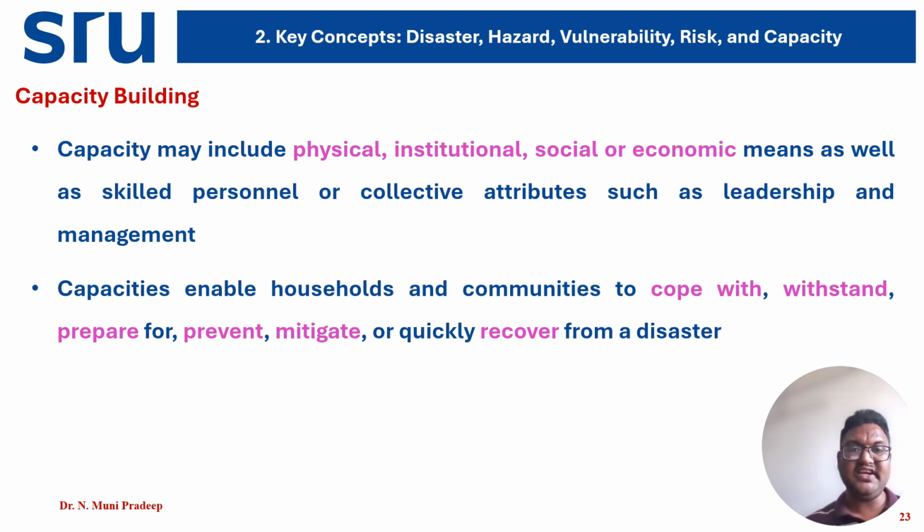Second, institutional, that is the NDRF, state government, central government, how they react, how they reach, and it is about the authority. Third is social, which is the relationship between people as a community, how they react, how they grow. And the final one is economic, that is insurance for those people, an emergency corpus fund, and social security systems. These four make up capacity building. If you are strong in these four categories, then you are building a very strong capacity, right?